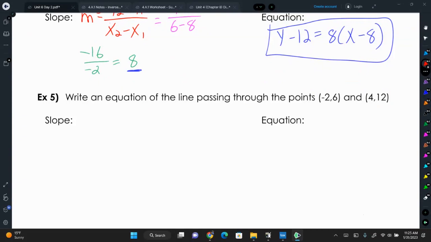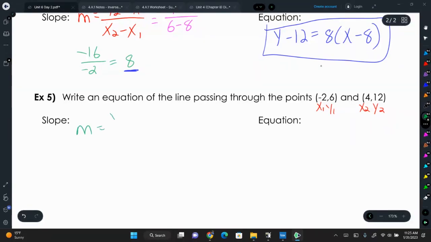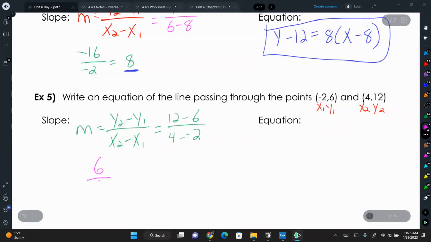Now with this one, same thing, x1, y1, x2, y2. So m equals y2 minus y1 over x2 minus x1. So we have 12 minus 6 over 4 minus negative 2. 12 minus 6 is 6. 4 minus negative 2, so 4 plus 2 is 6. So we get 1. Well, that's an easy slope to work with.